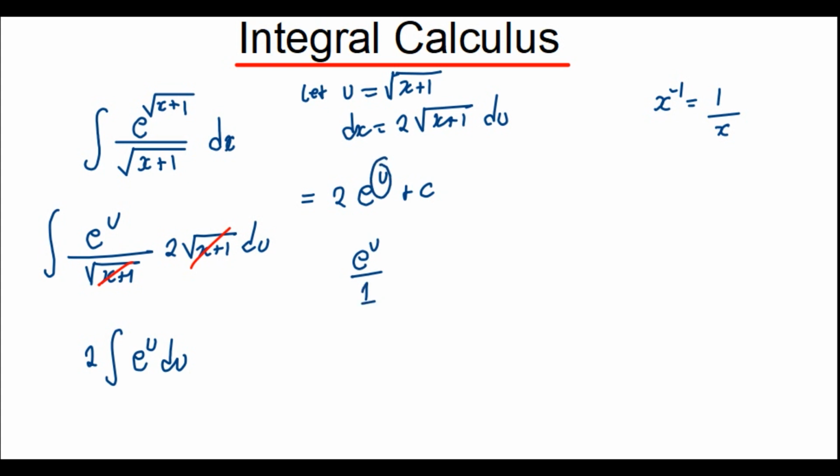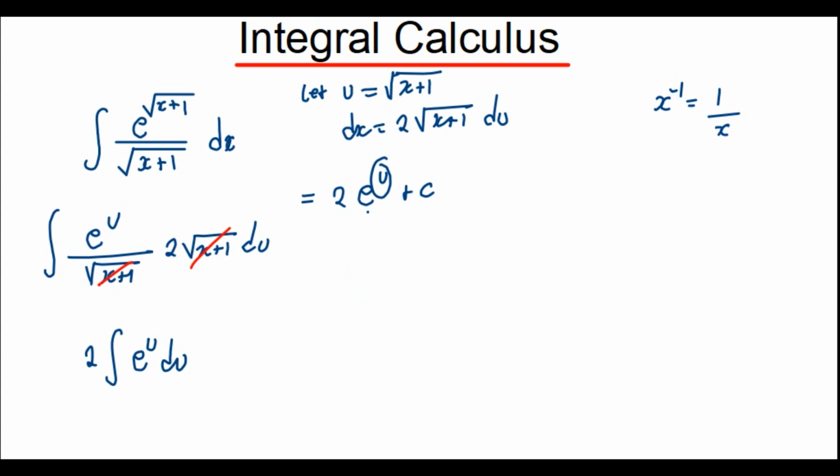So e to the u divided by 1 is still e to the u. So always remember that you always have to differentiate the power. If I was differentiating e to the u, I would have said the answer is e to the u multiplied by the derivative of the power. But since I'm integrating, it will be e to the u divided by the derivative of the power, and that's what you get.